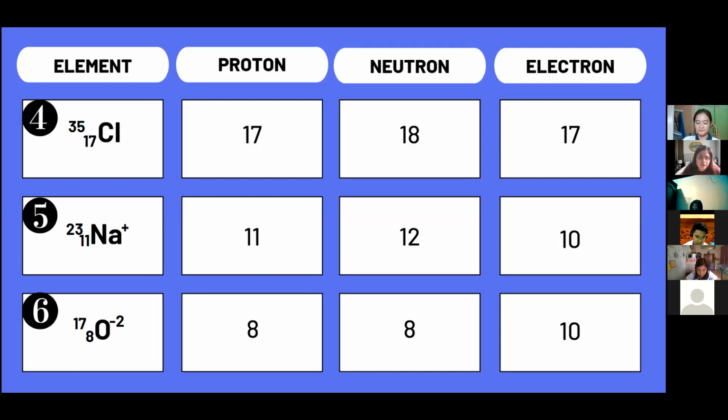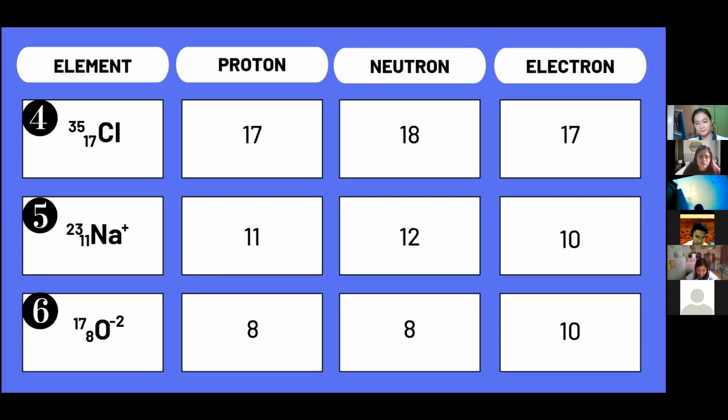Atomic number niya is 11, 11 din ang proton. 23 minus 11 is equals to 12. Then sa pagkuha ng electron, atomic number is 11 minus 1. Minus 1 kasi meron tayong charge na isa. So, kaya naging 10 ang ating electron.